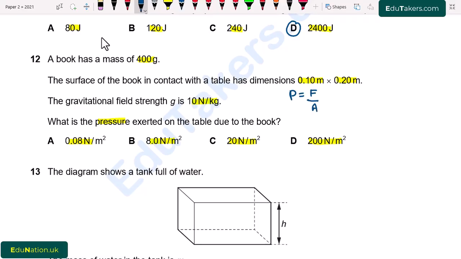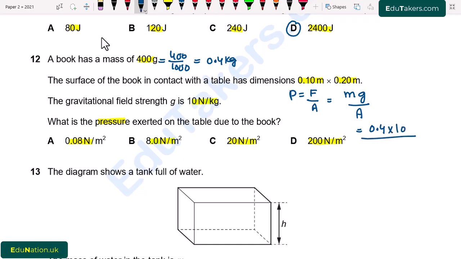So first of all, pressure is force per unit area. Here force is not given, but we can calculate this by using Newton's second law of motion, that force is equal to mg, divided by area, where mass is given as 400 gram and we have to convert it into kilogram, so it will be 400 divided by 1000, which is 0.4 kilogram.